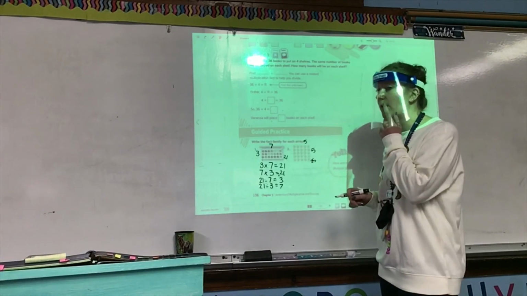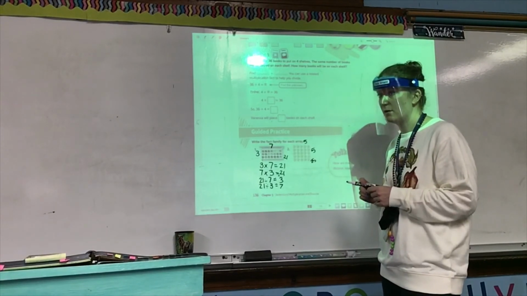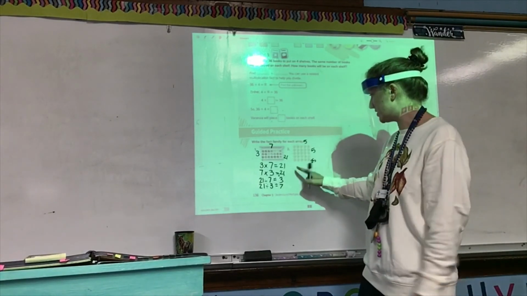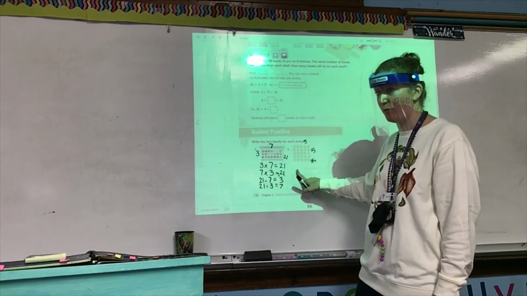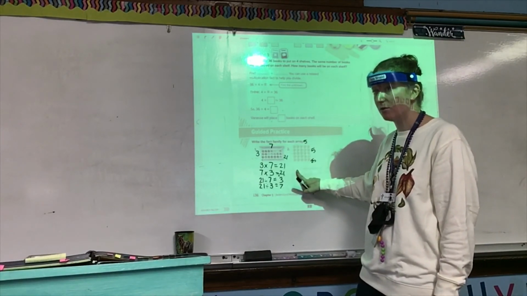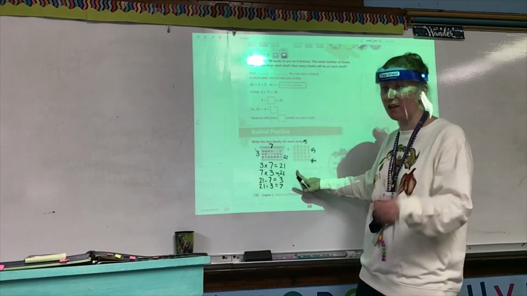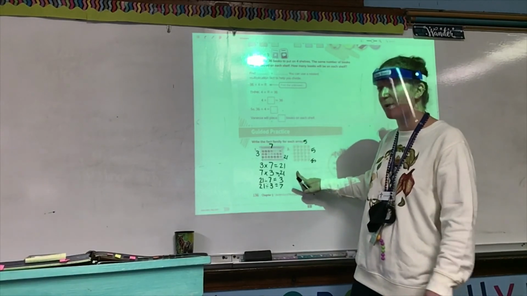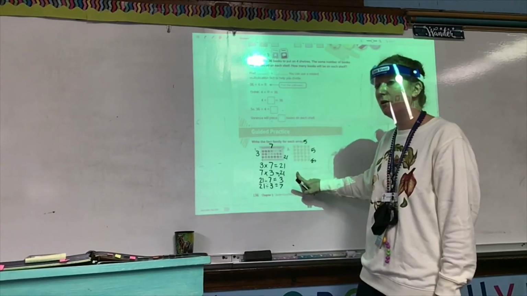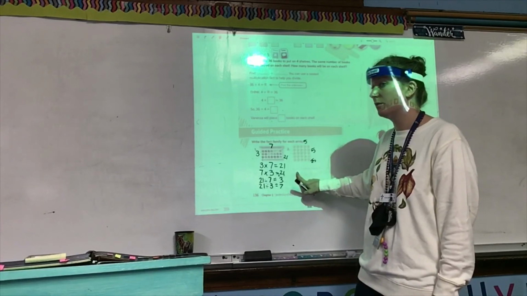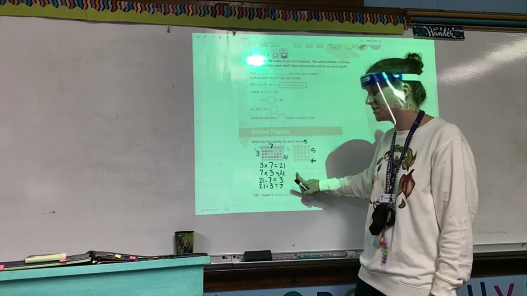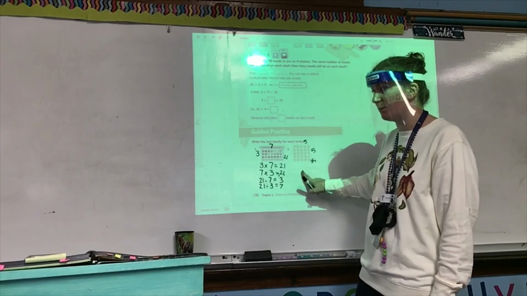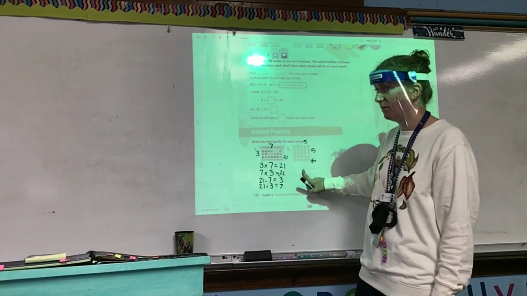So now we start with what, multiplication or division, when we're writing a fact family? Multiplication. So we multiply the number of what by the number of what? Rows or columns by the number of? Do we ever multiply by the total? So we take the number of rows or columns and we multiply it by the number of?